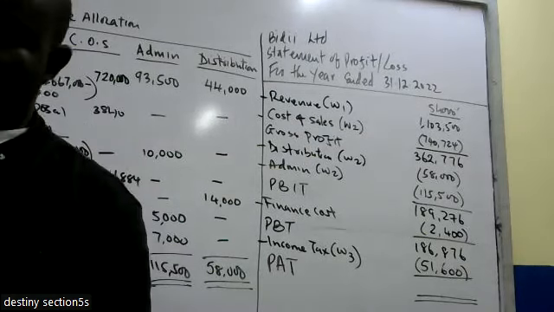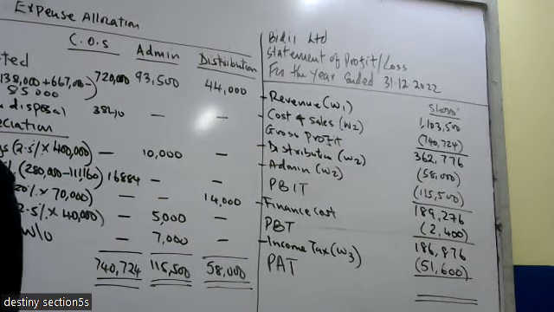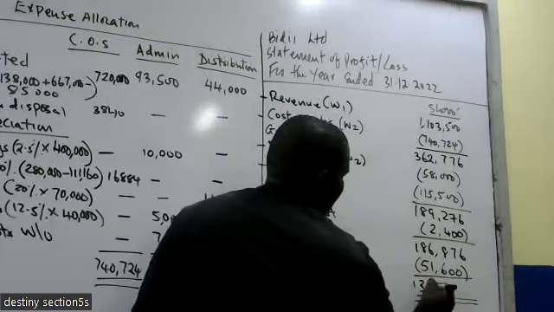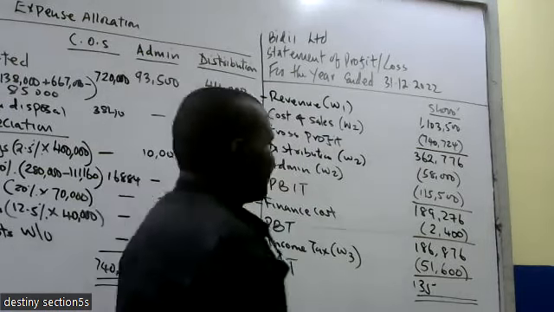Profit after tax is how much? So profit has been given 135,276.